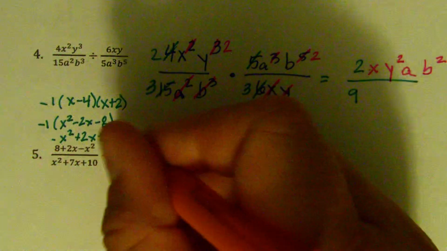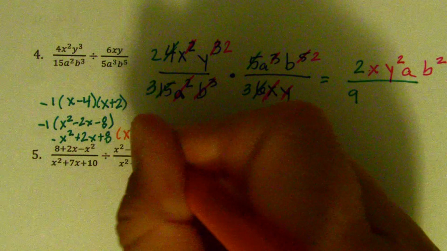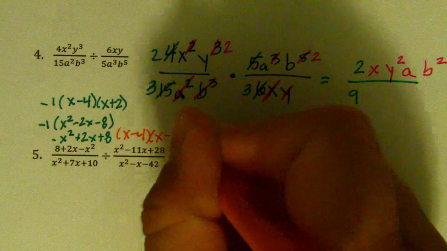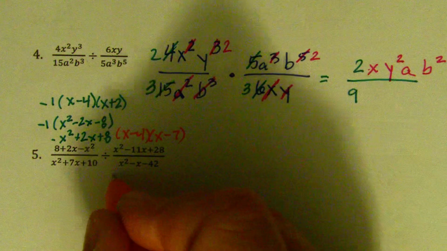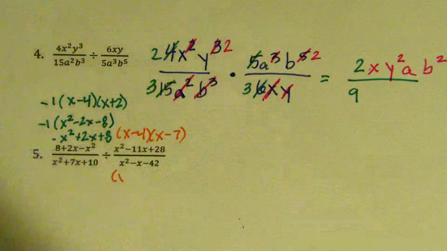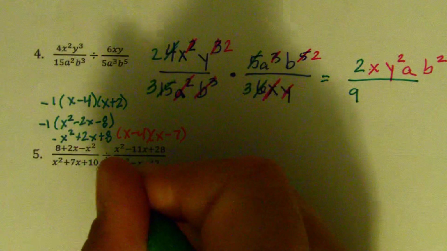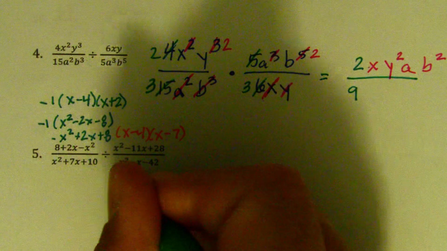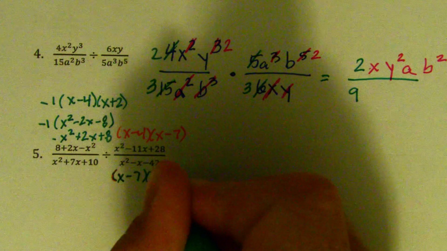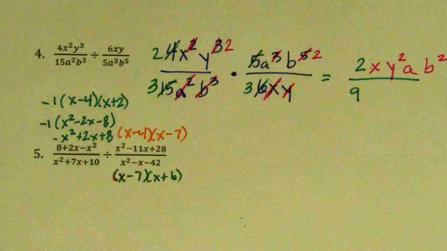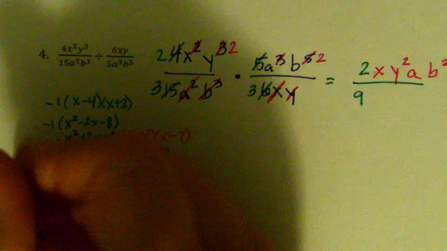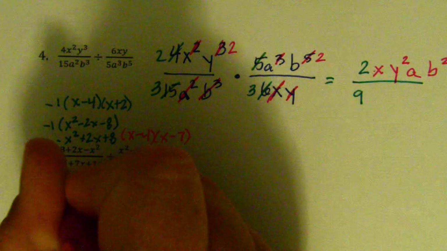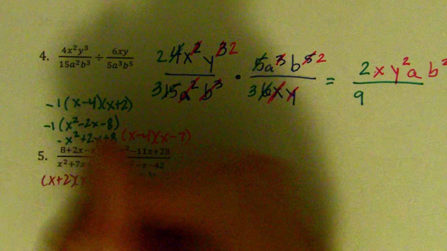So this one is the same as one of the previous ones, x minus 4 and x minus 7. And then here this is going to be x minus 7 and x plus 6. And then over here, same as before, x plus 2 and x plus 5.